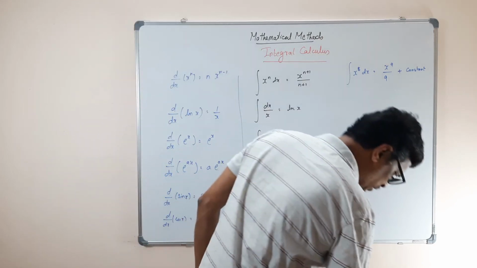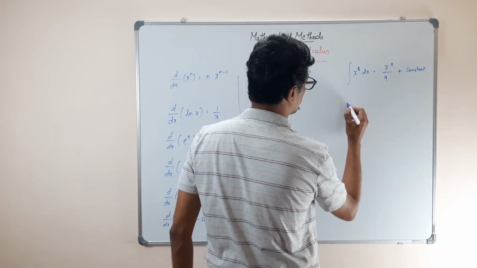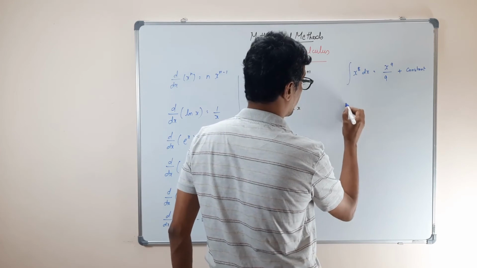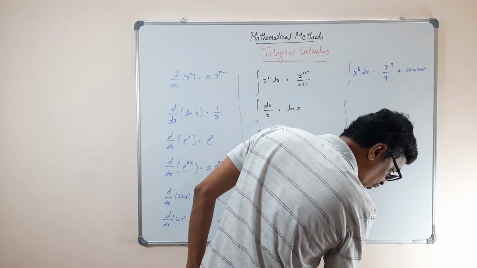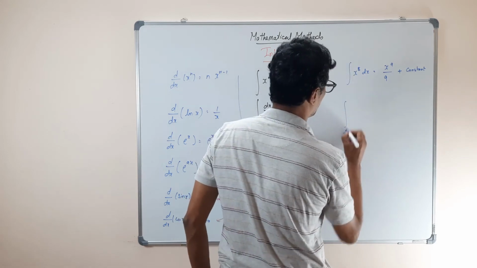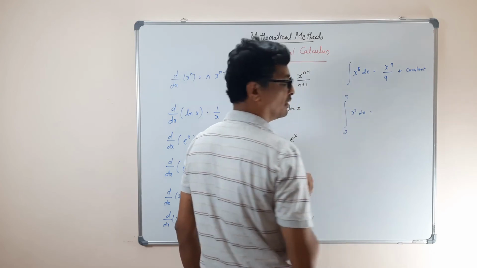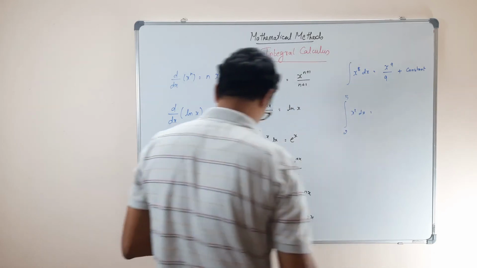Another question they have is the integration of 2 to 5 of x square dx. This is a definite integral. I forgot to write the symbol form.